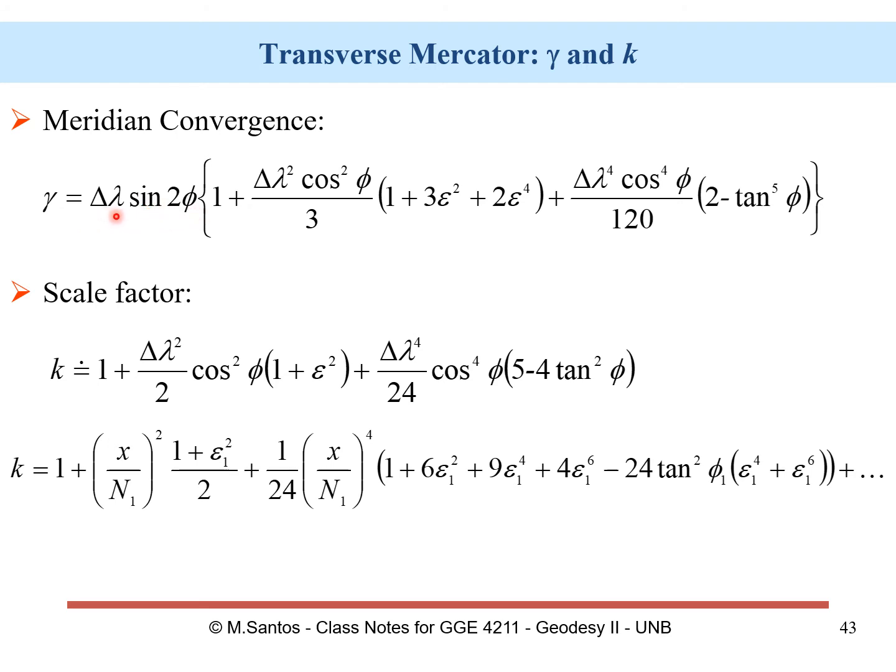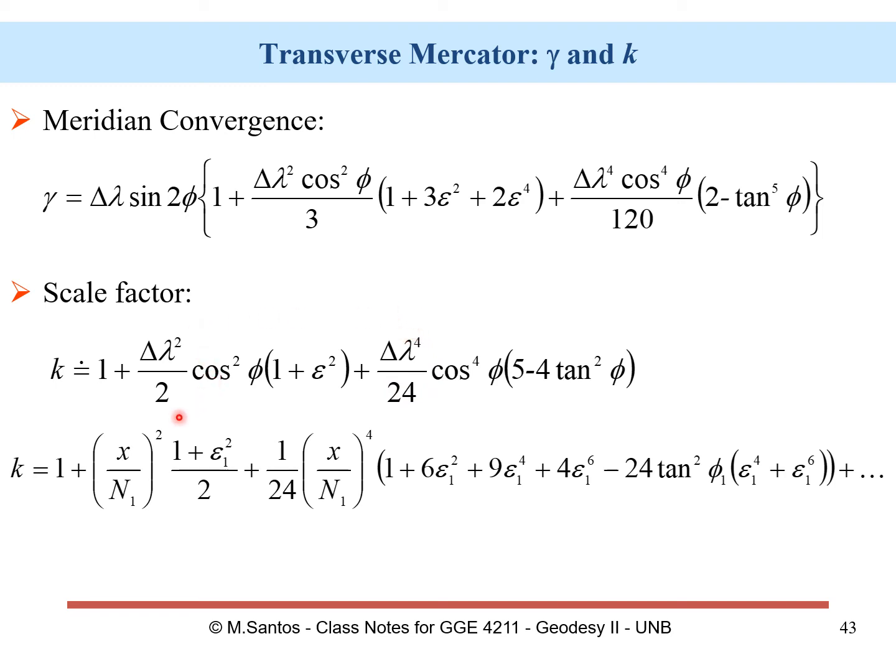So again, the meridian convergence is a function of latitude and difference of longitude from the point of interest to the central meridian. The scale factor, given here two expressions.